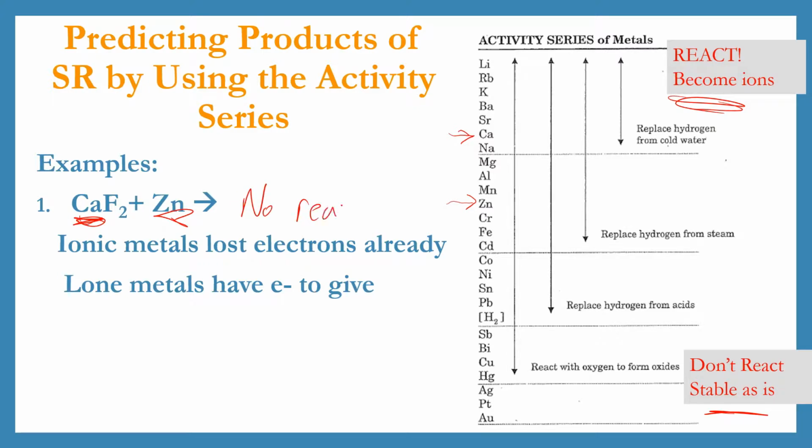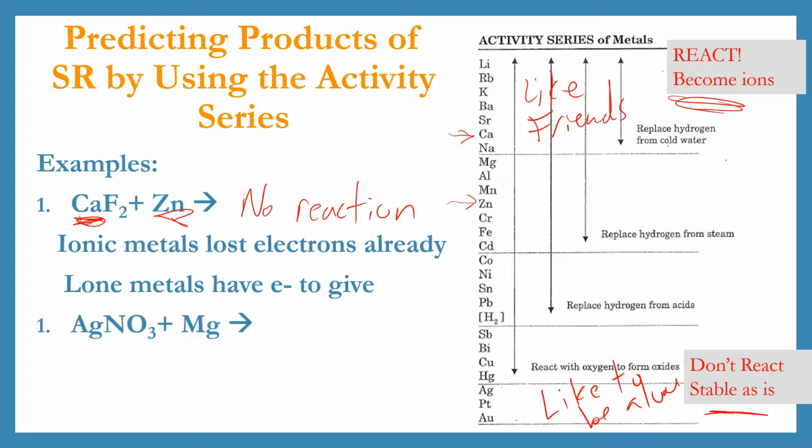So this is no reaction. And the way I've been telling you in class is that the higher up, these like friends, all right? They like to be coupled with something. They like to be in compounds. And down here, they like to be alone. So that is the situation there.